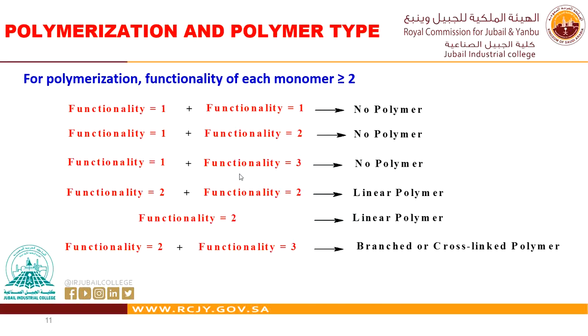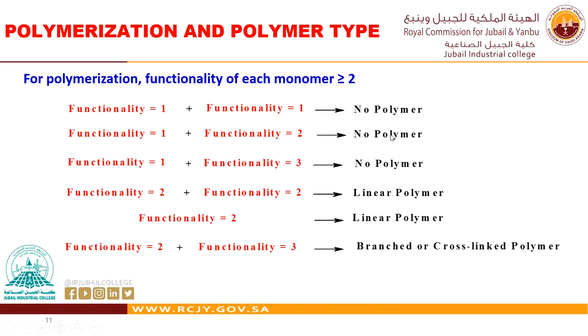Now, to summarize, we said for polymerization, functionality of each monomer must be greater than or equal to 2. So if we have functionality equal to 1 and we react with another monomer whose functionality is equal to 1, we end up with no polymer. But if you have 1 and 2, no polymer. This one satisfies the condition, but this one does not satisfy the condition.